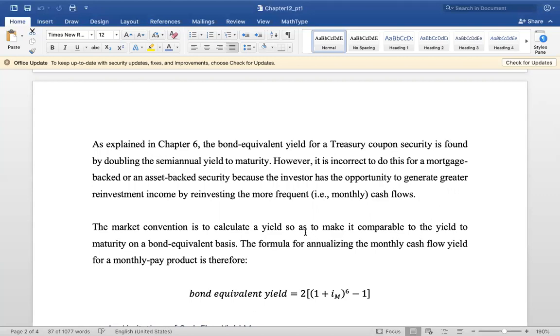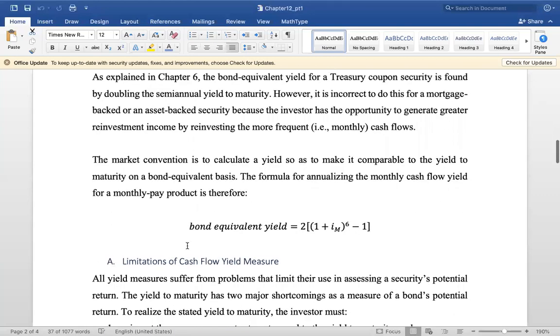So what we have to do, to make the yield comparable to the yield to maturity on a bond equivalent basis, is annualize the monthly cash flow yield for a monthly pay product using this formula. So we use the monthly compounding for 6 months, and we then just double it.